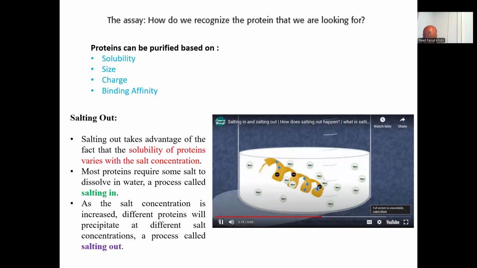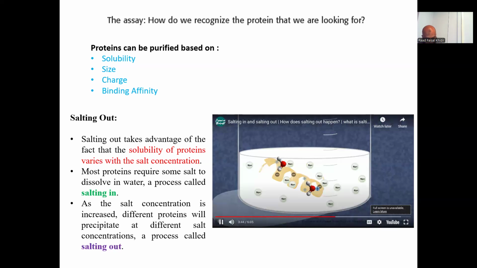But imagine a situation when you have added too much salt. Let's say the salt is NaCl, and that's why you have so many Na+ ions. Now, these Na+ ions would love to interact with water molecules, and the protein is somewhat ignored. Very few water molecules are interacting with the protein and creating the hydration shell around it to solvate it.